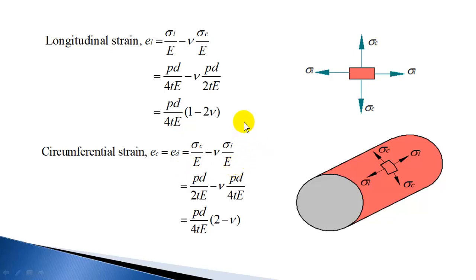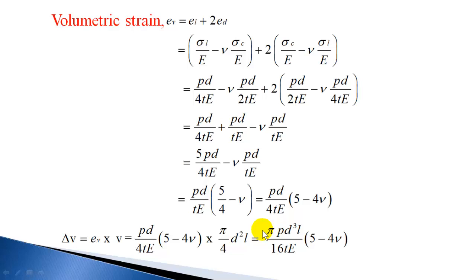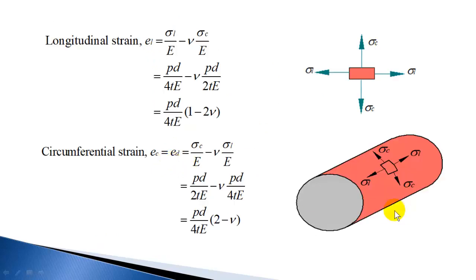So once you know this longitudinal strain and diameter strain, you can find out the changes in dimensions of the cylinder. Also you can calculate the volumetric strain. Volumetric strain you have already studied for a cylinder. The volumetric strain is given by EL plus 2 ED.